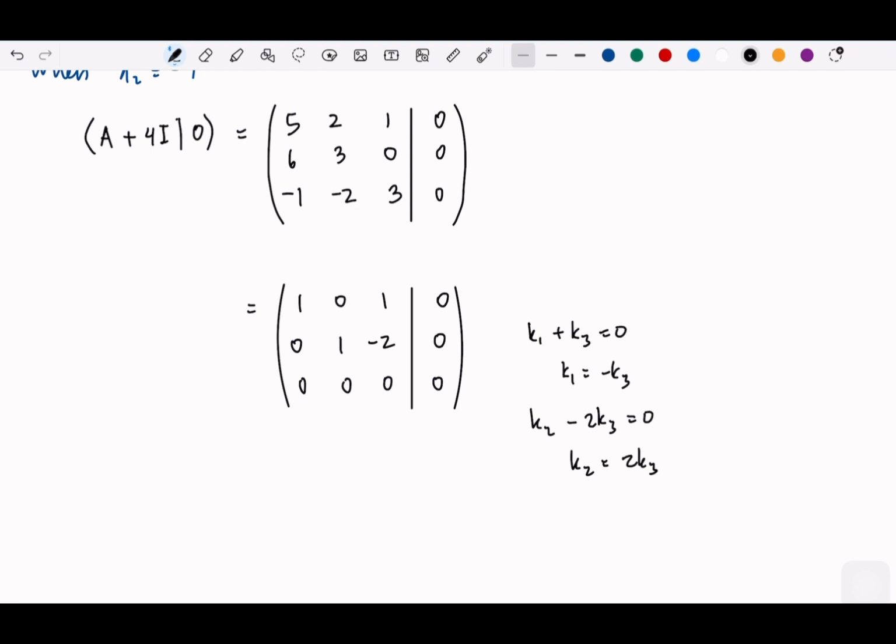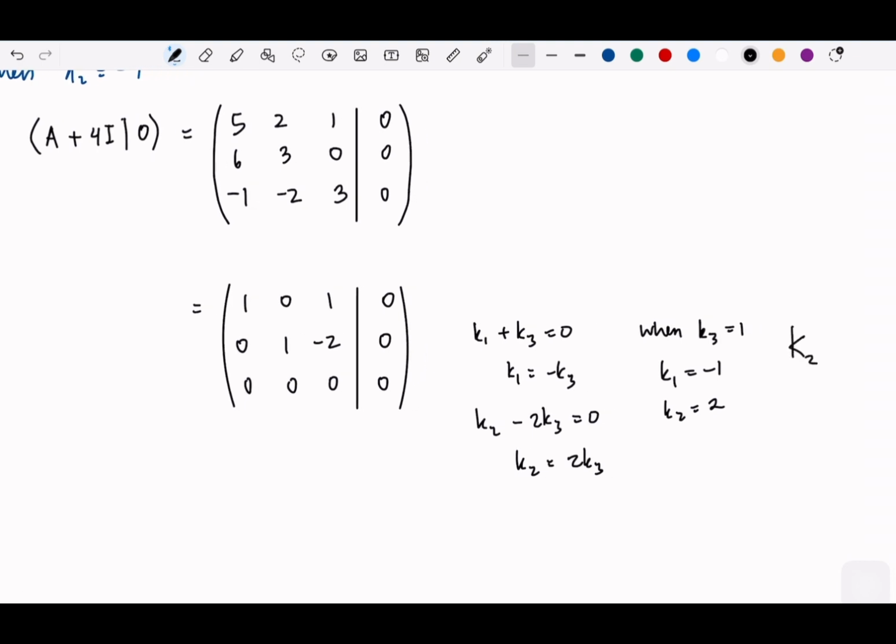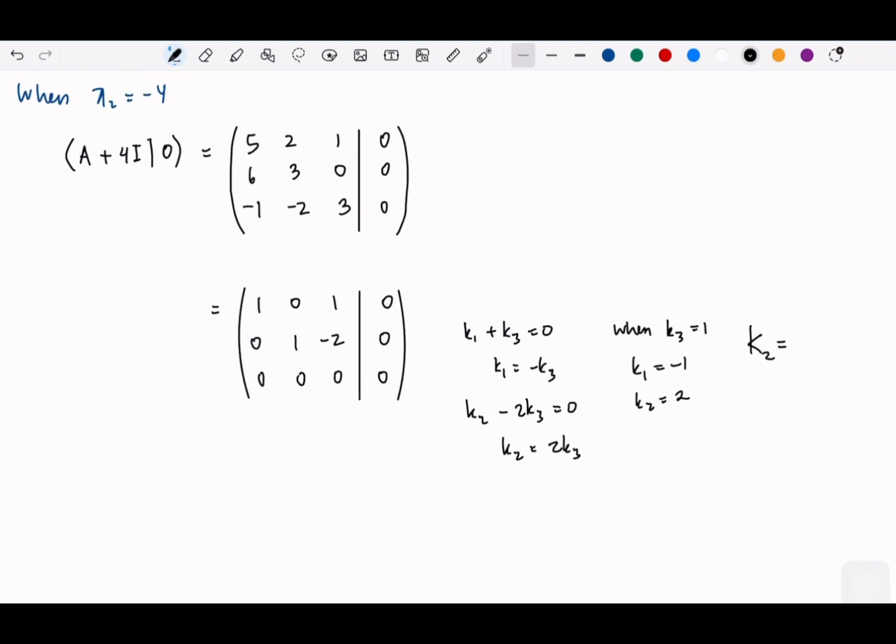Take this as the bottom, so that it is easier to observe. Then when K3 is 1, we have K1 is negative 1 and K2 is 2. So the second eigenvector will be negative 1, 2, and 1.